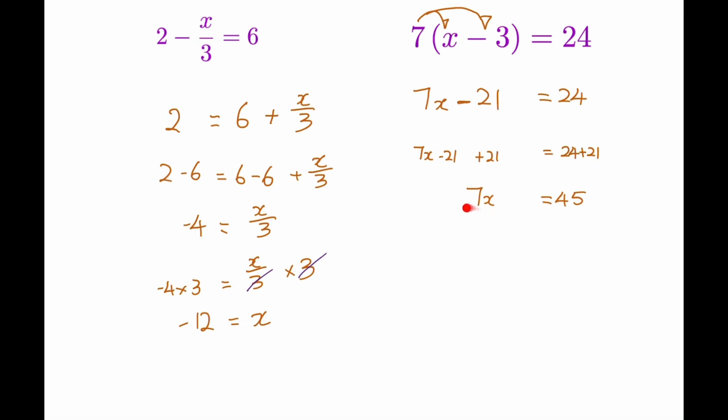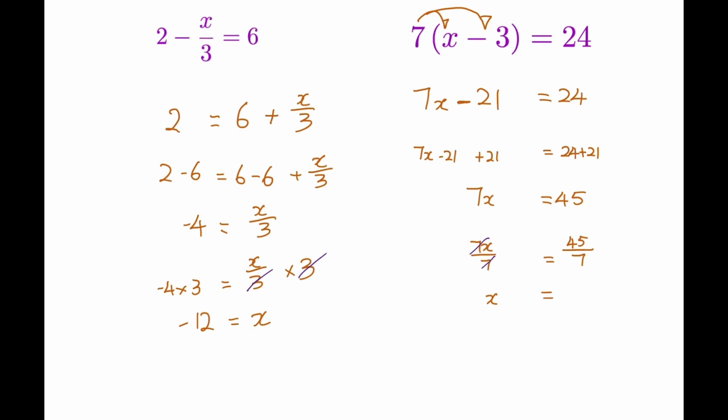And then next one, 7x refers to 7 times x. So if you want to solve this 7, it's multiplying with it, so you have to do the opposite of it, like division. If you divide on the left side, you also divide on the right side. So this one simplified, so you are left with x only.